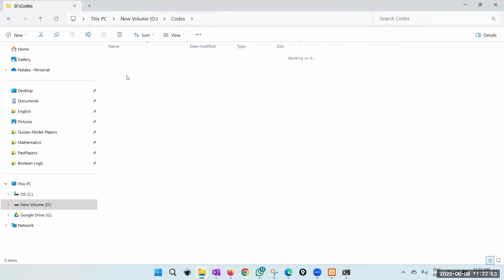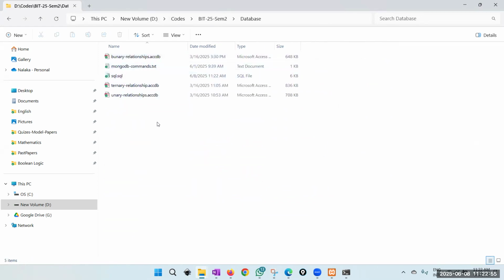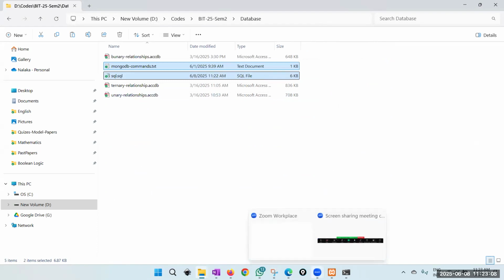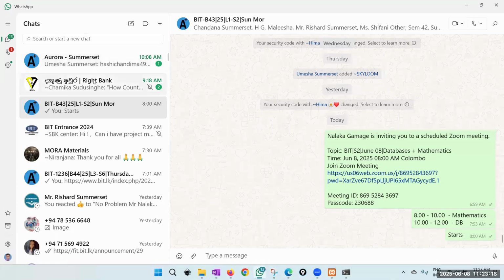Semester 2 database. Right, MongoDB commands also, I will give both, okay? MongoDB commands, of course, we did it for the web part last week. Semester 2.